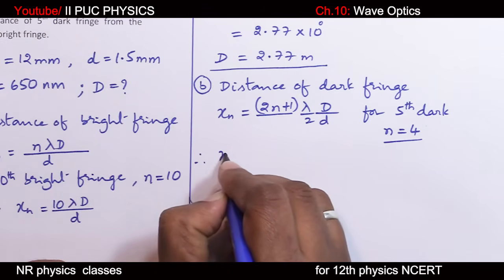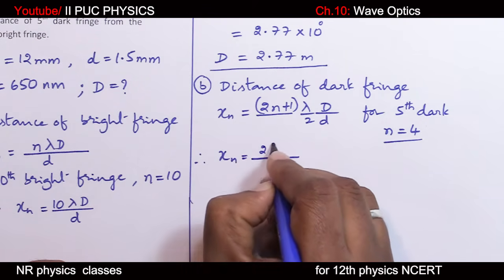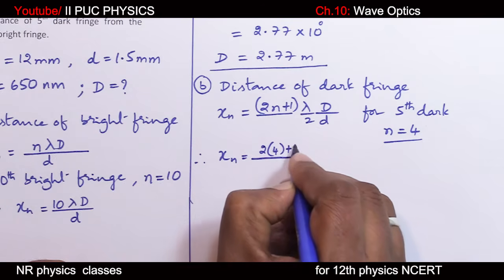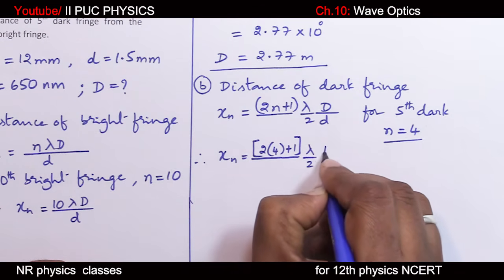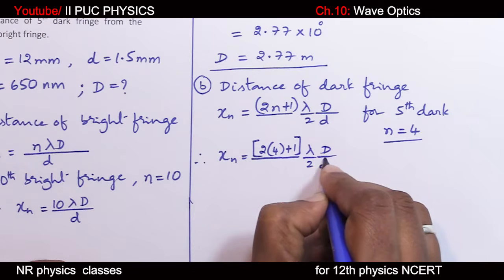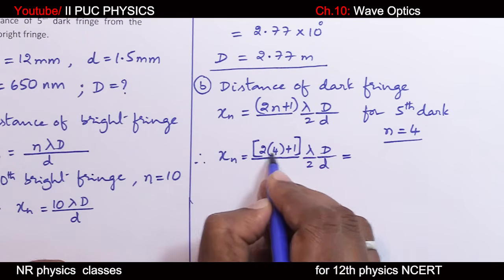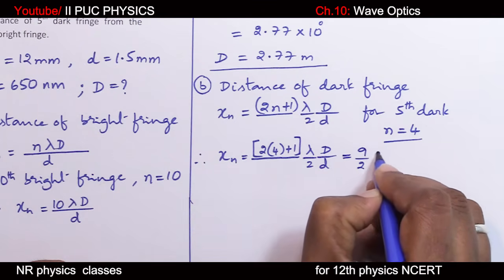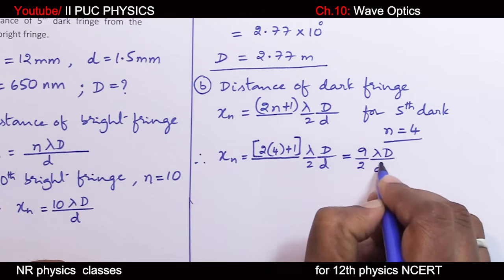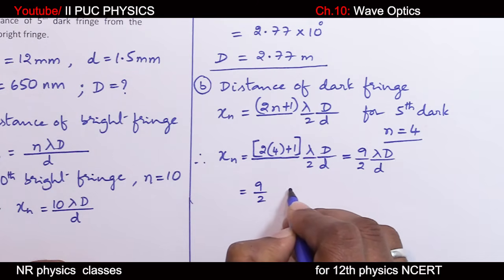Therefore, (2 into 4 plus 1), 4 into 2 is 8 plus 1 is 9, so 9 by 2 lambda capital D by small d.